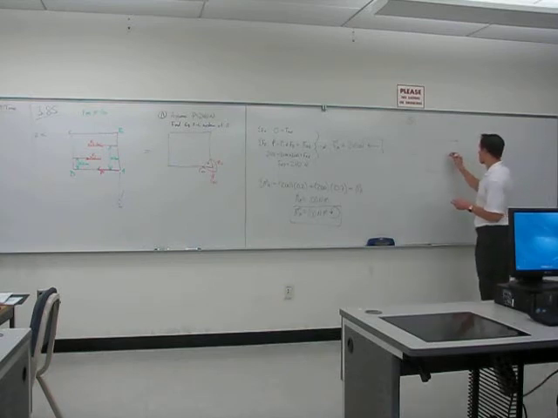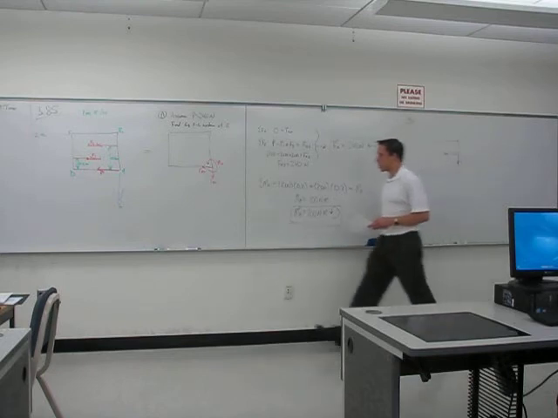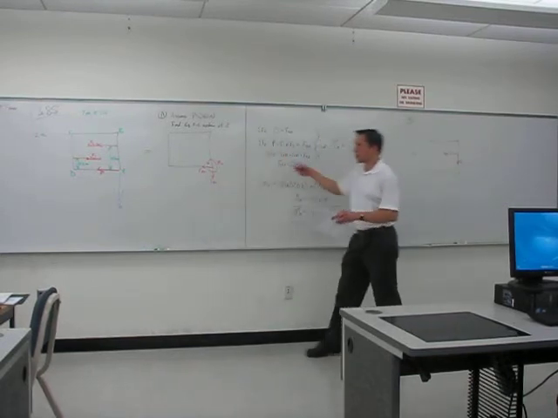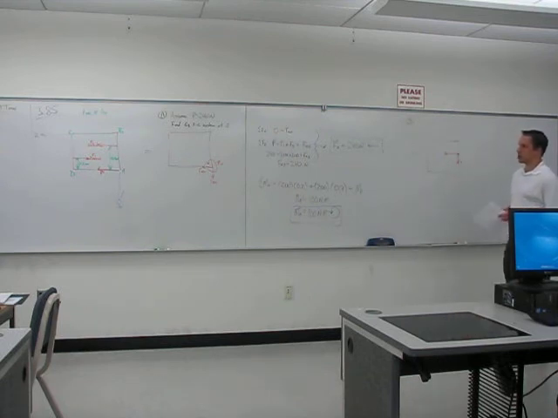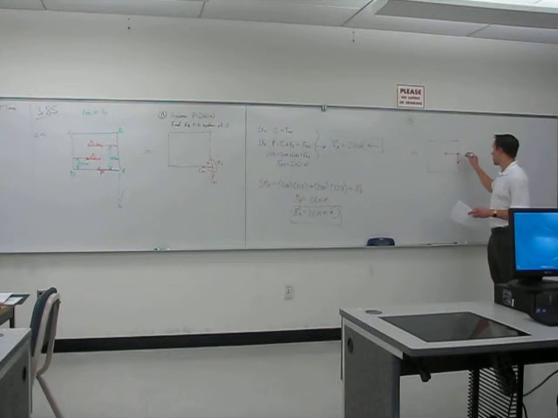So in other words, let's give our special point a name. I don't want to call it P, because P's already been used to represent the force down there. So let me just call it E, since we haven't used the letter E yet.